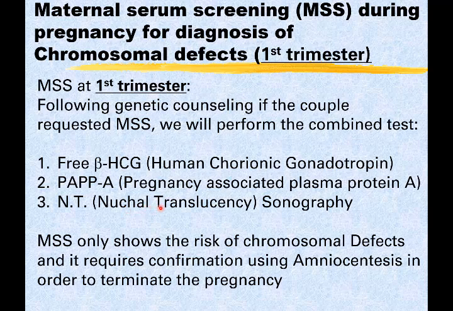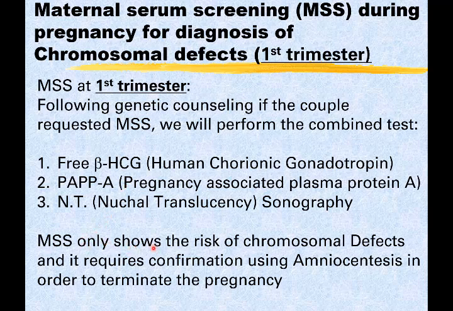It is the accumulation of liquid behind the neck of the fetus, which is measurable by this sonography. Then immediately after sonography, we perform the laboratory testing for free beta HCG, human chorionic gonadotropin, and pregnancy-associated plasma protein A.